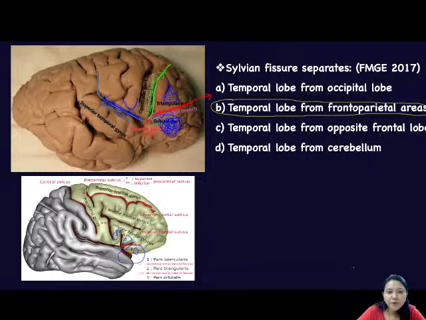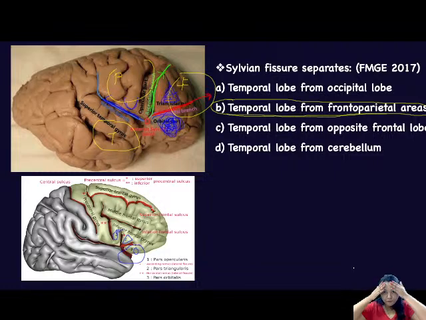This is the temporal lobe, and this is the parietal lobe, and this is the frontal lobe. It is going to separate the three lobes as we have already studied. So it is going to separate the temporal lobe from the frontoparietal area. So the answer is B.